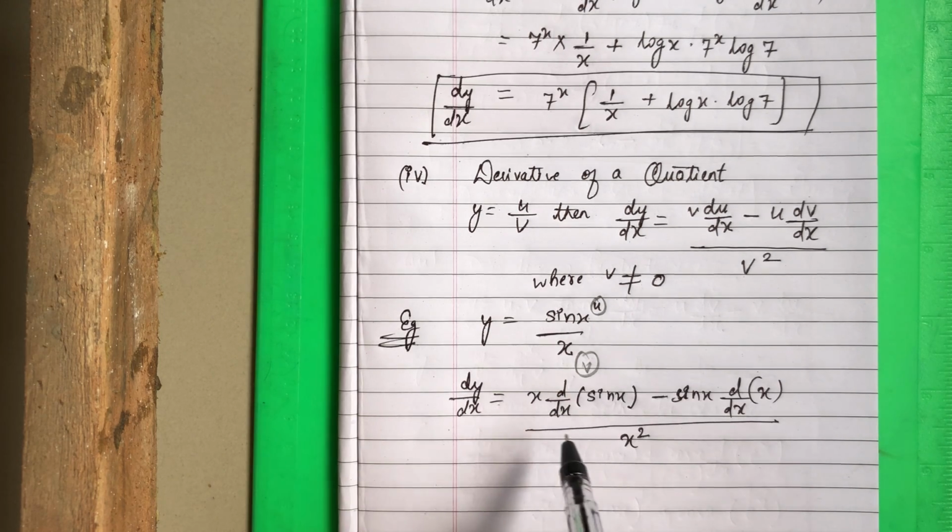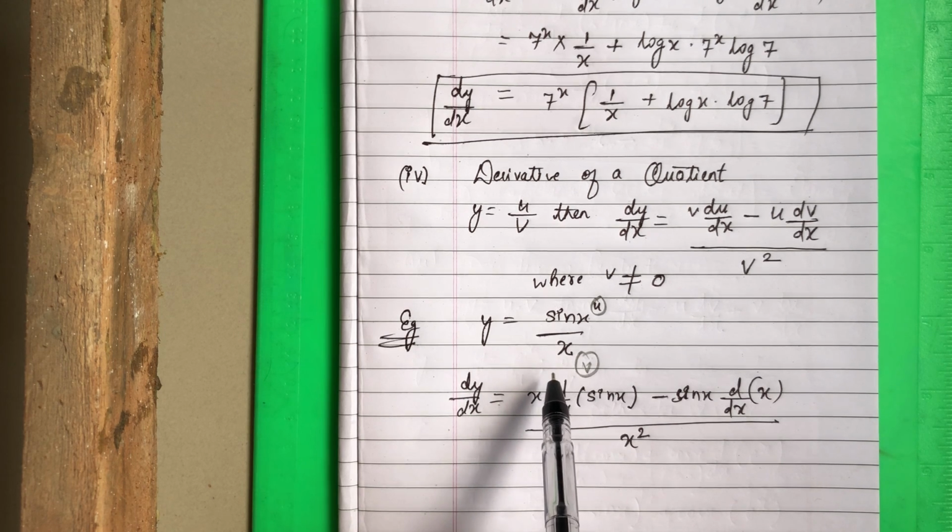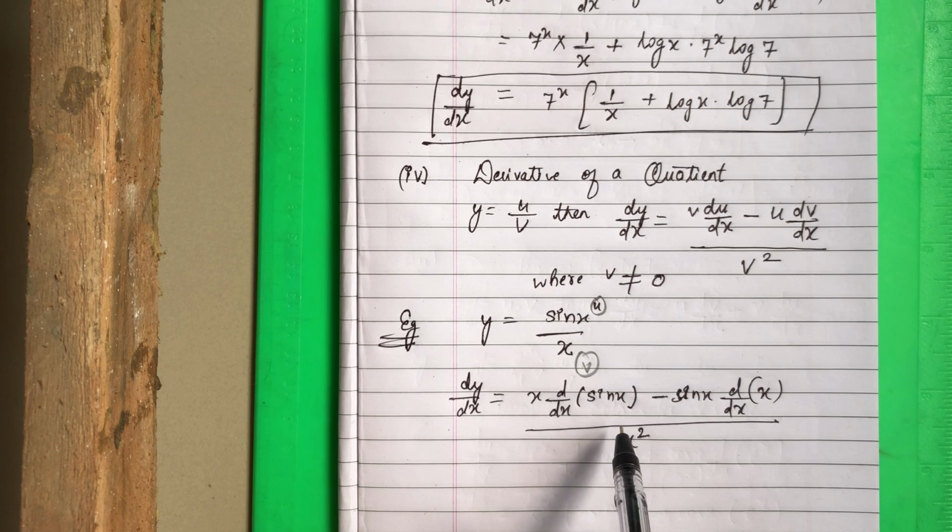We have substituted the values here. In place of u substitute sin x and in place of v substitute the value of the denominator, that is x. So x d by dx of sin x minus sin x d by dx of x, upon x square.